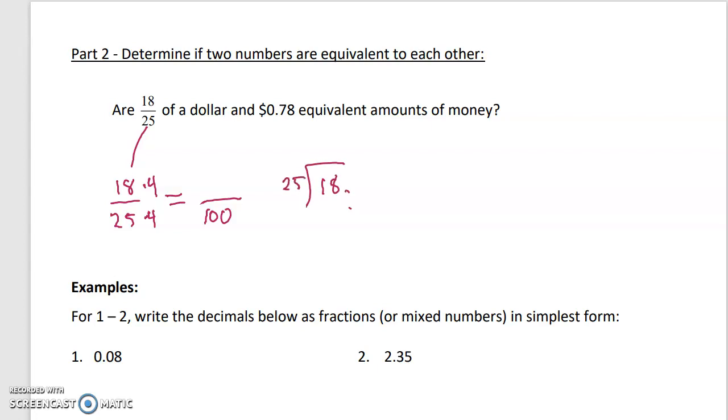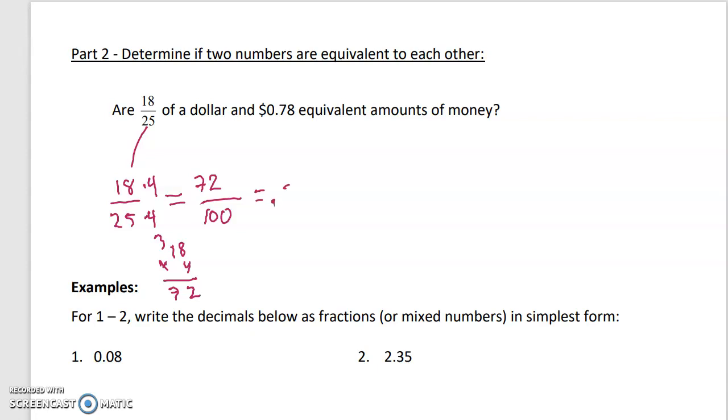Go ahead and take 18 and divide it by 25. So 25 times 4 is 100, and so I need to take 18 times 4, which I'm going to do down here. And it turns out it's 72. So 18/25 is 72 hundredths, which would be 0.72.